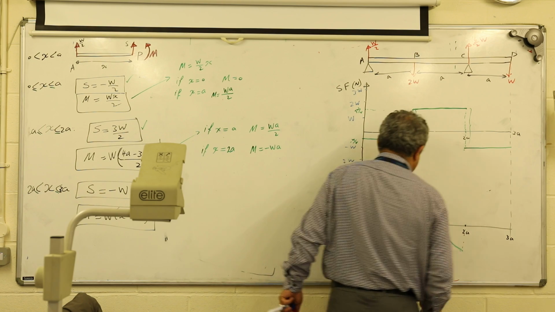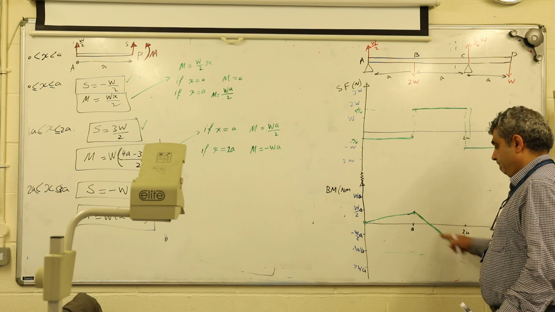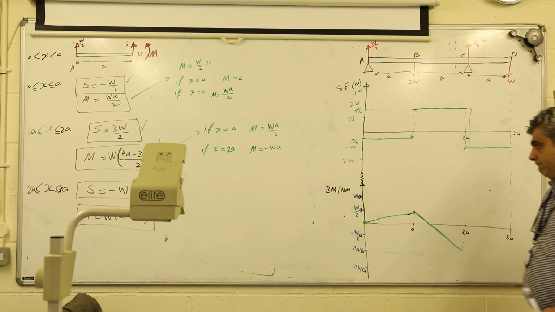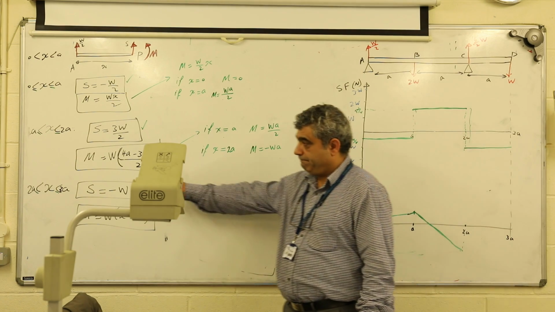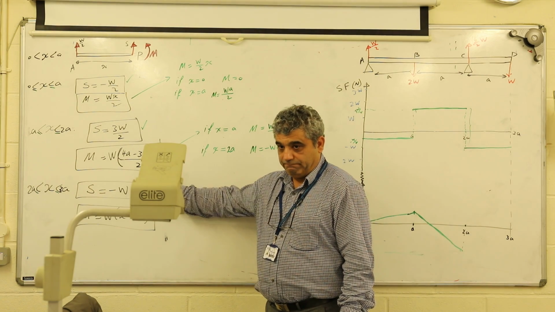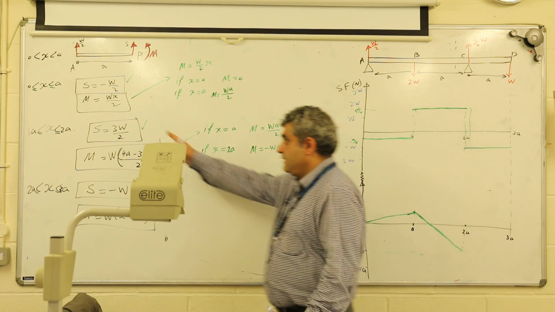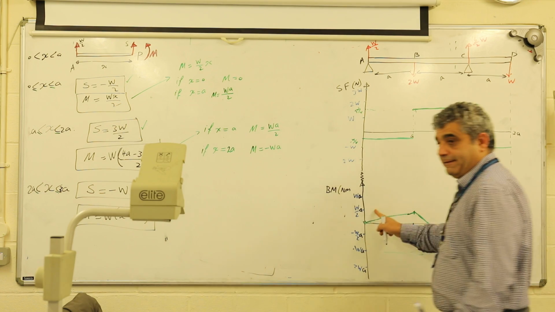Minus W. Equation of this line. Where did I get this line? I solved these equations. Equation of the line would be this one. I could take this equation as belonging to this line.